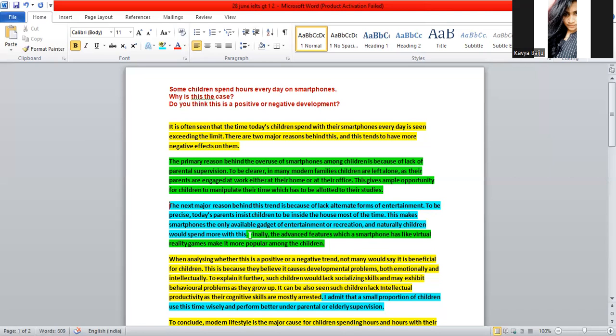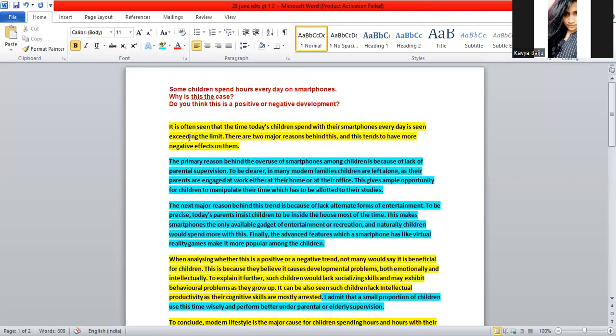So the last reason we have found regarding the overuse of smartphones is because we have advanced features on smartphones like virtual reality games, and this makes it more popular among young children. So these are the major reasons, and the reasons we have highlighted in the blue highlight.